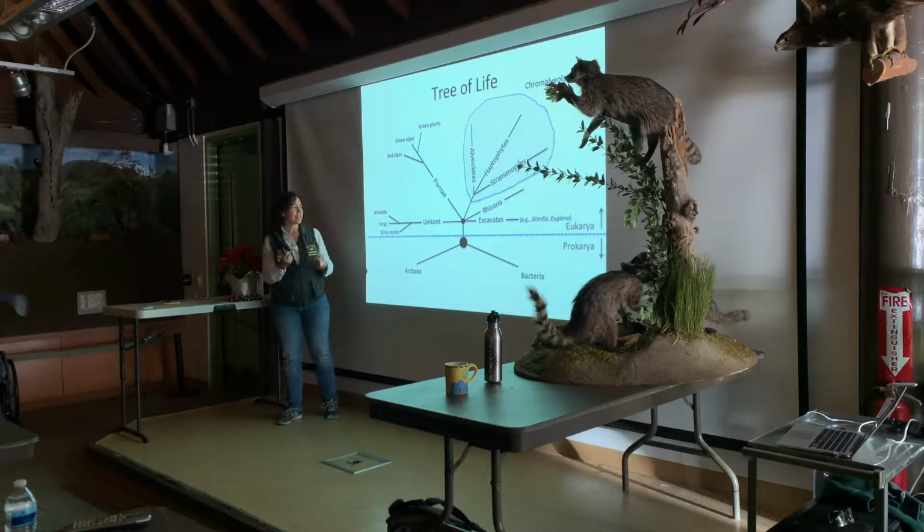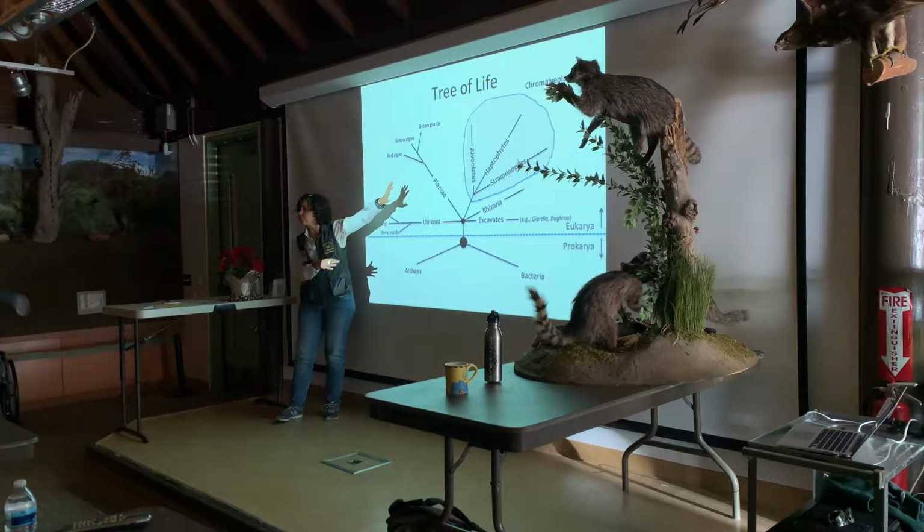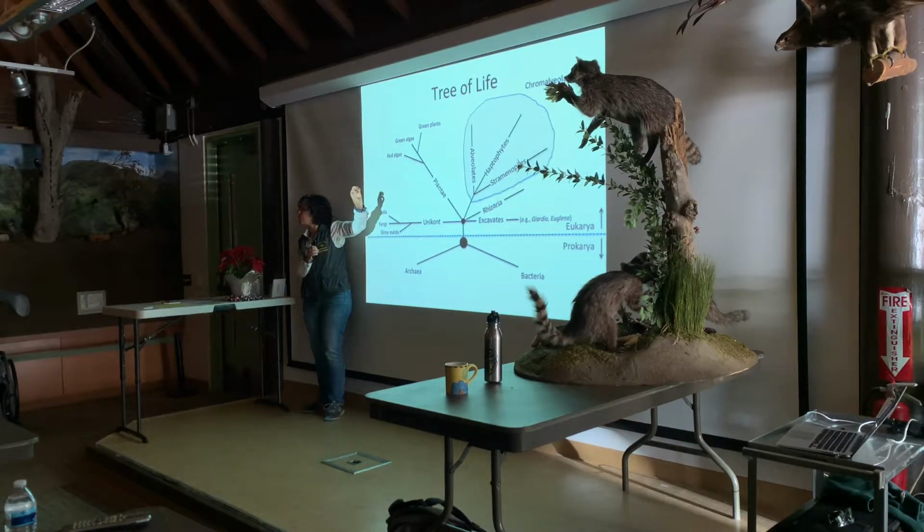We love trees, okay? There are two big parts of this tree. This tree is arranged so that the things that are close together have more genetic information in common. Things that are far apart have less genetic information in common. They're all similar enough that you can cut a piece of DNA out of one and put it in another one.